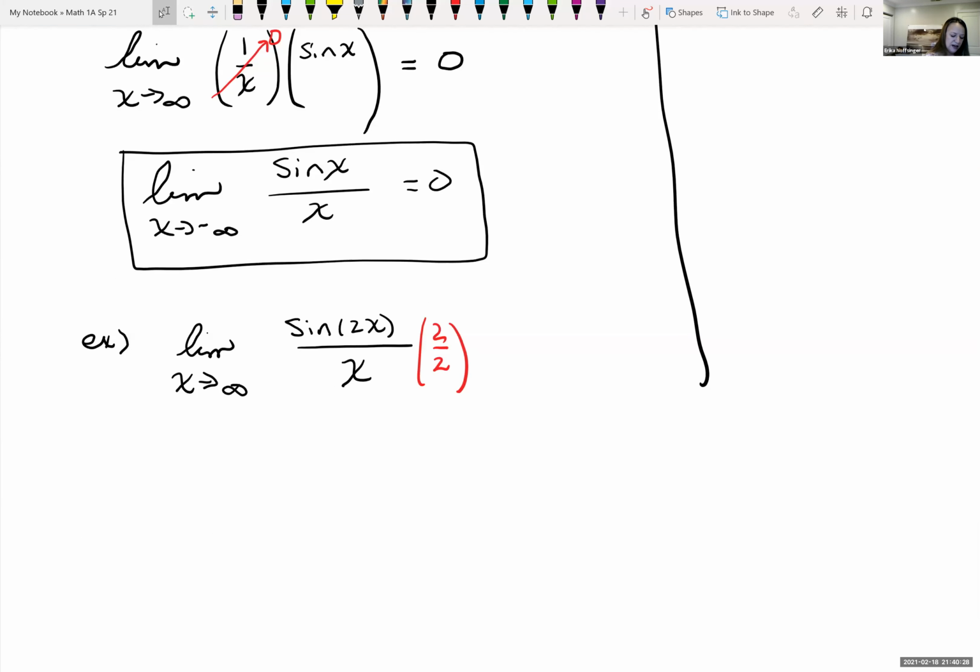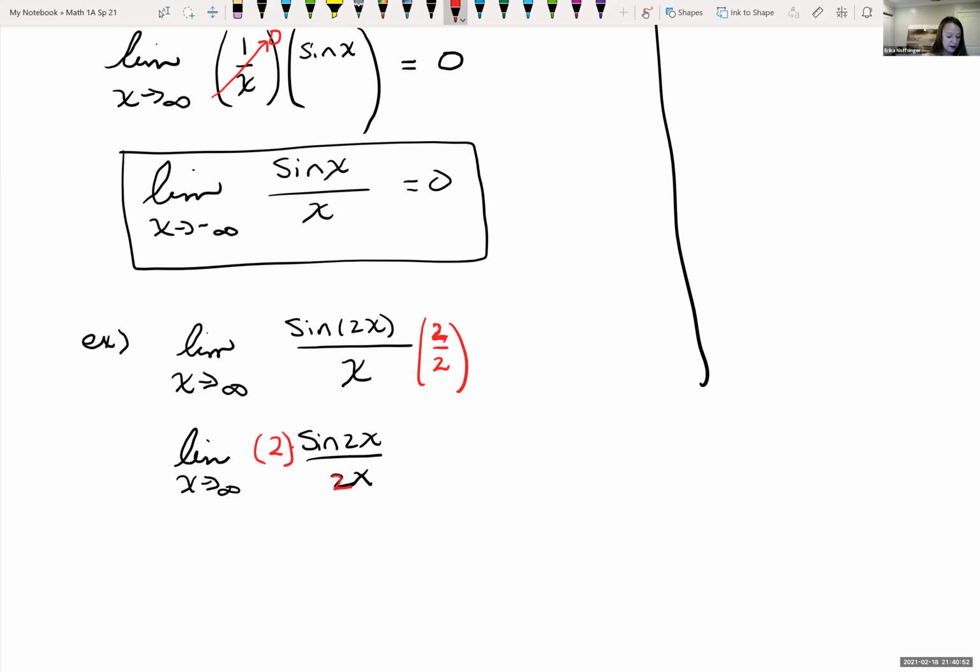I can rewrite this as the limit as x goes to infinity of sine of 2x all over 2x, and then I still have this 2 from the numerator. But this is a constant.